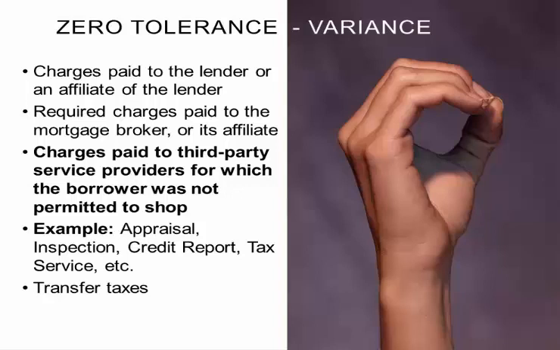So zero tolerance charges include charges paid to the lender or an affiliate of the lender, required charges paid to the mortgage broker or its affiliate, and charges paid to third-party service providers for which the borrower was not permitted to shop. And then finally, transfer taxes. So one of the biggest changes is for appraisal, for inspections, for credit reports, and for tax services.